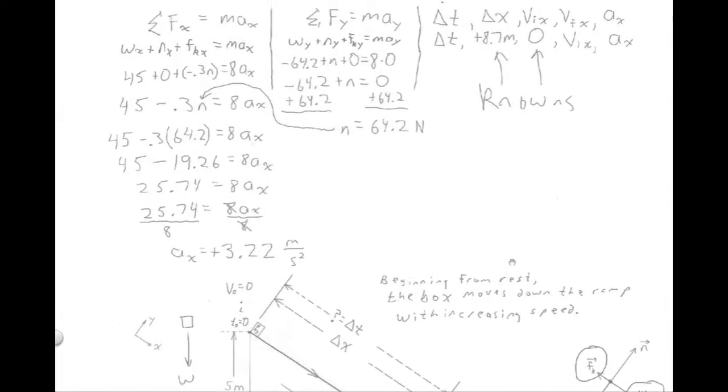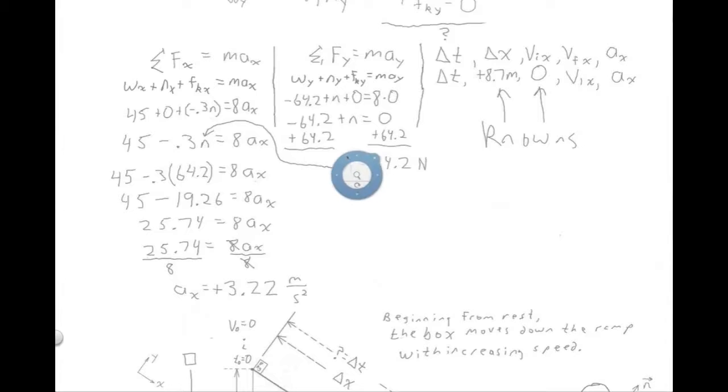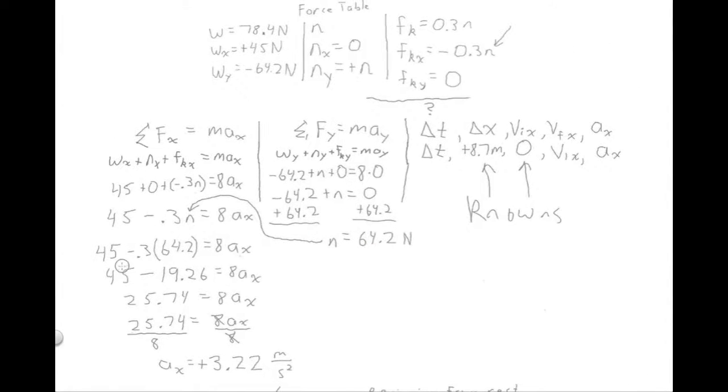And we can see that here in our equations. So here's the number that we got for W sub x. This is the number we figured out for the frictional force. Remember that the magnitude of the x component of the frictional force on this problem represents the magnitude of the overall frictional force.